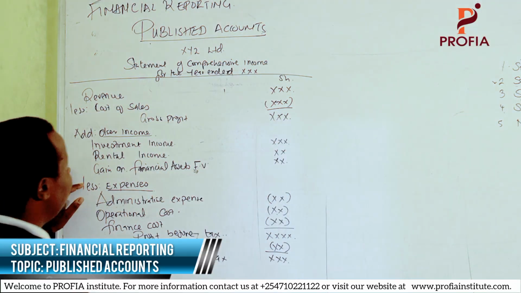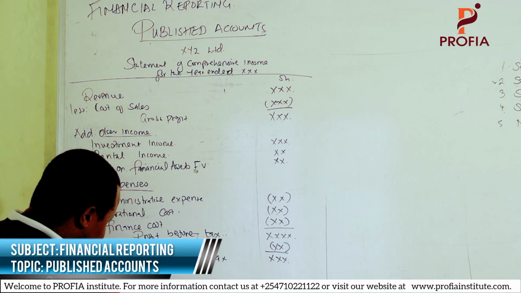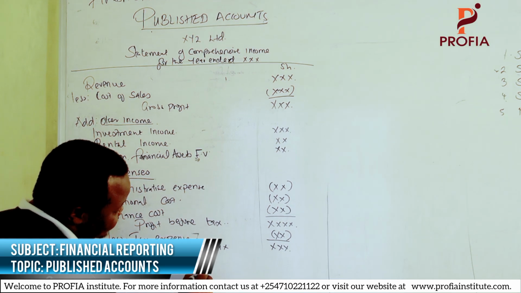Now, after this, we'll add something new that was not there. We always say we'll add something called other comprehensive income.